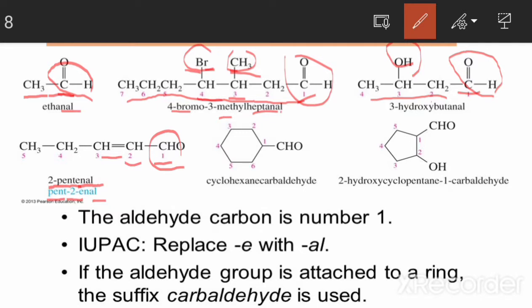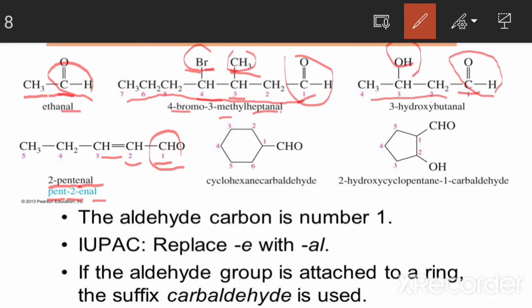As you can see, there is a third rule for the cyclic compounds: if the aldehyde group is attached to a ring, the suffix carbaldehyde is used. The suffix is the last part of the name of the compound.